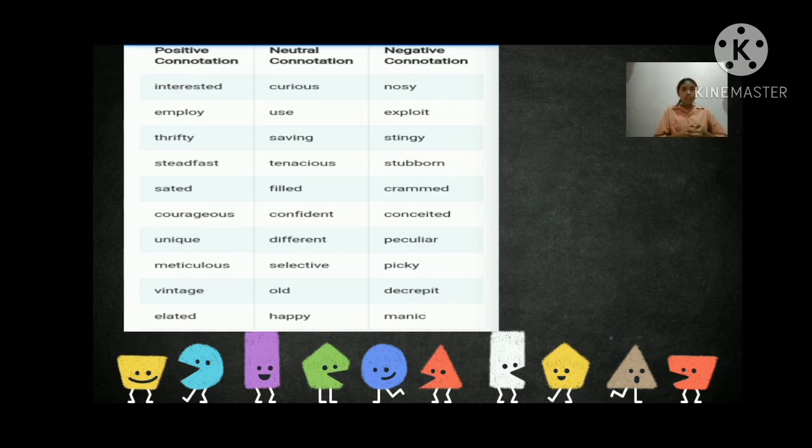So, it is really understandable that connotative meaning is when you connote or you are suggesting additional meaning of a word apart from its literal meaning or apart from its dictionary meaning. So that is a connotative meaning.